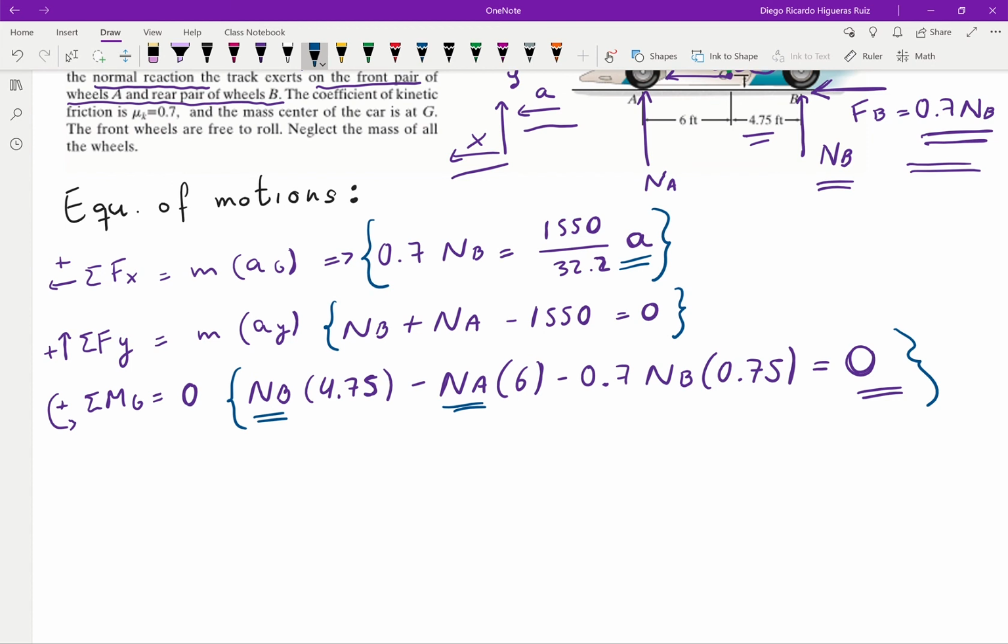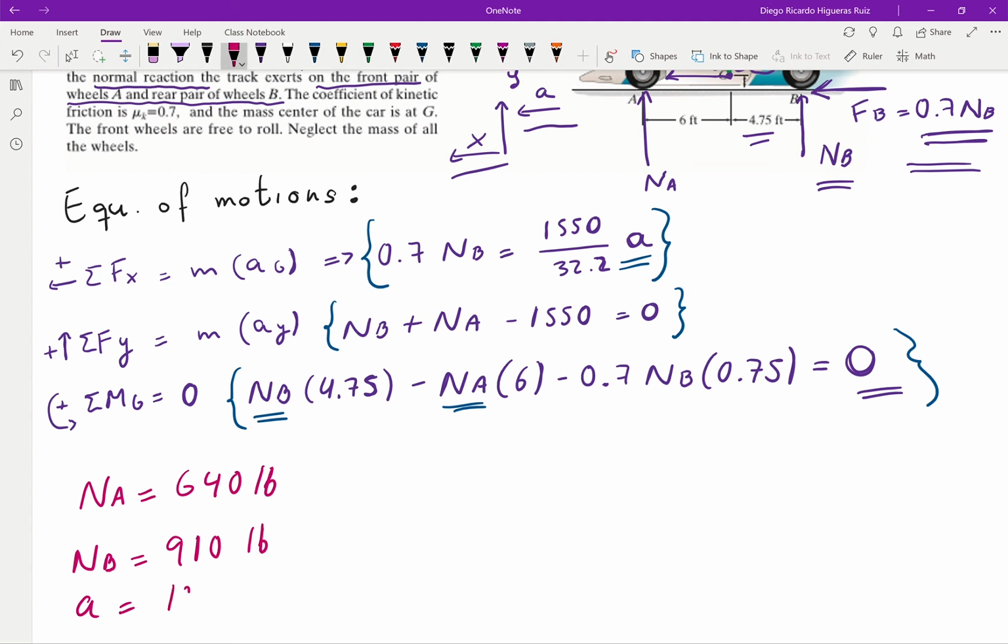So we solve this system of equations, and we're gonna have that NA is gonna be 640 pounds force, NB is gonna be approximately 910 pounds.